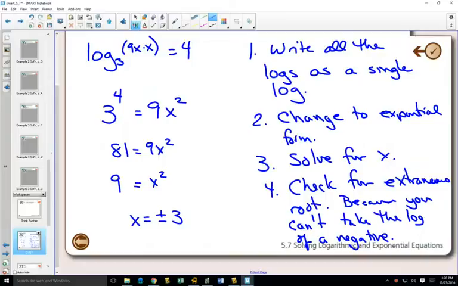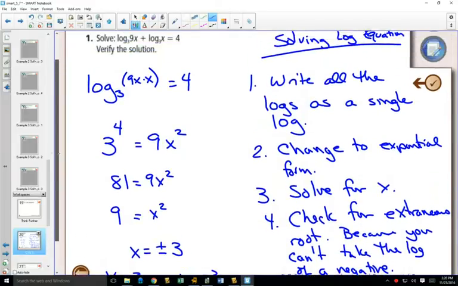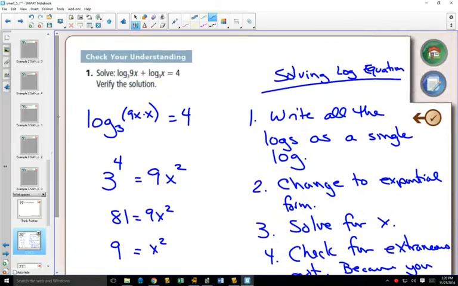So now that we've solved for x, the last thing we have to do is take both of our answers, x equals 3 and x equals negative 3, and plug them back into the original equation. The only thing I'm looking for is if I plug that number in, do I have log of a negative number? So when I plug in 3, can you see that you would get 27 here, 9 times 3, and you would get 3 here?